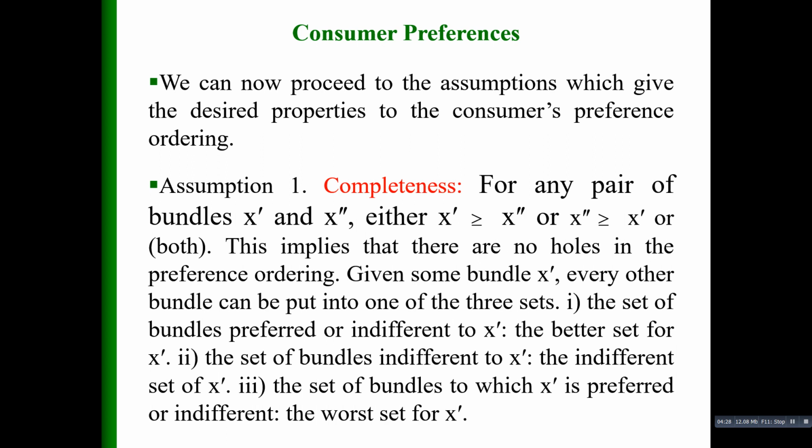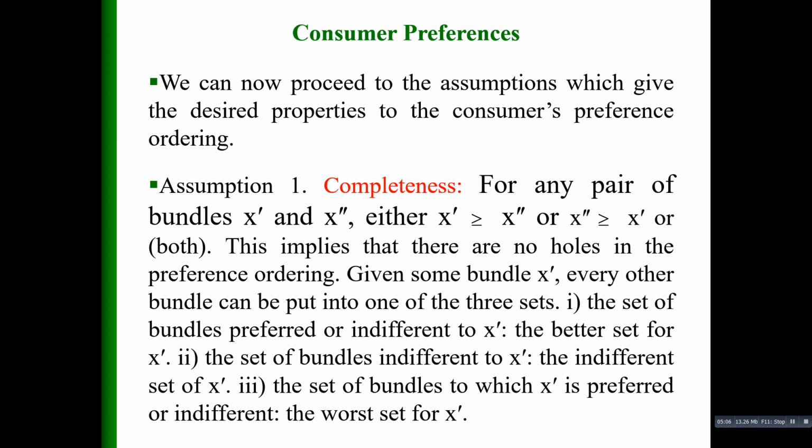Given some bundle x prime, every other bundle can be put into one of three sets. Number 1, the set of bundles preferred to or indifferent to x prime, the better set for x prime. 2, the set of bundles indifferent to x prime, that is the indifferent set of x prime. 3, the set of bundles to which x prime is preferred or indifferent, that is called the worse set for x prime.